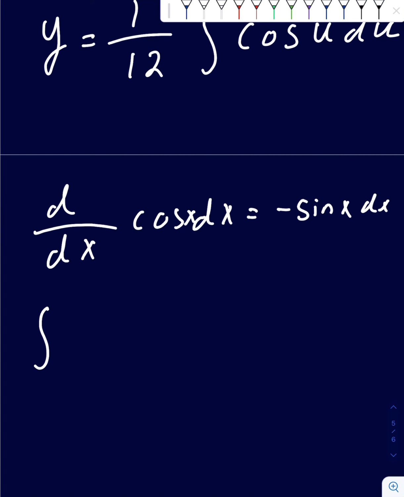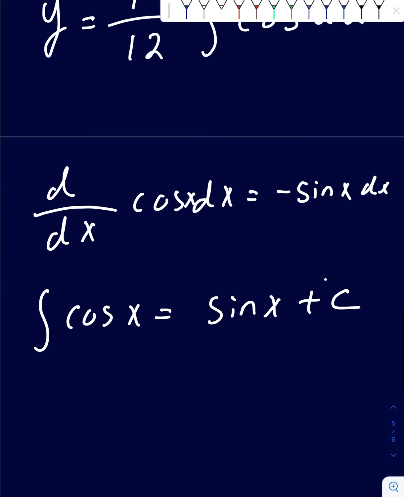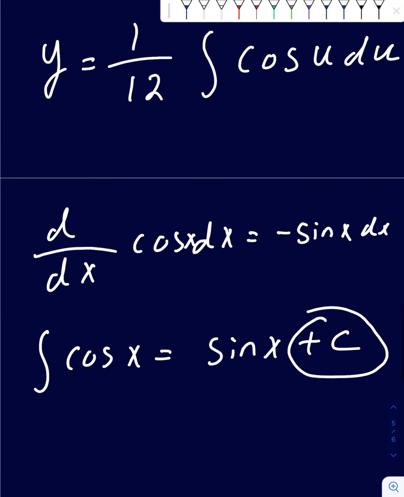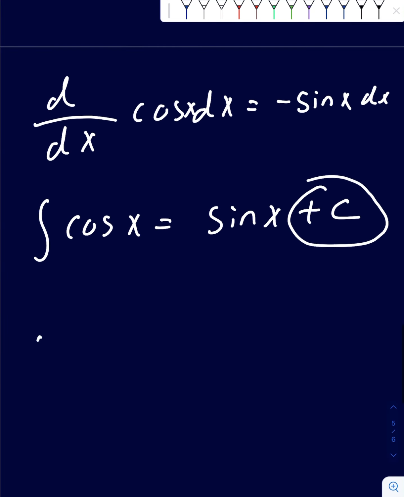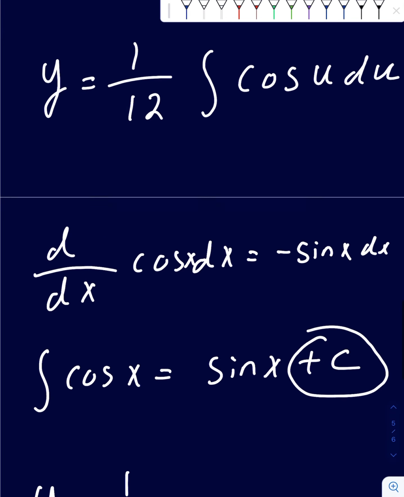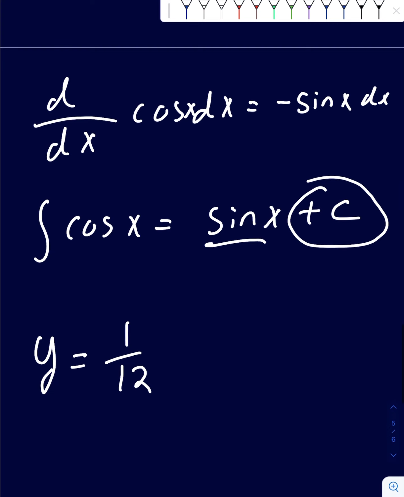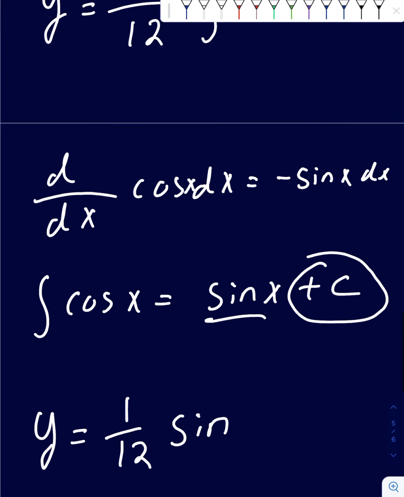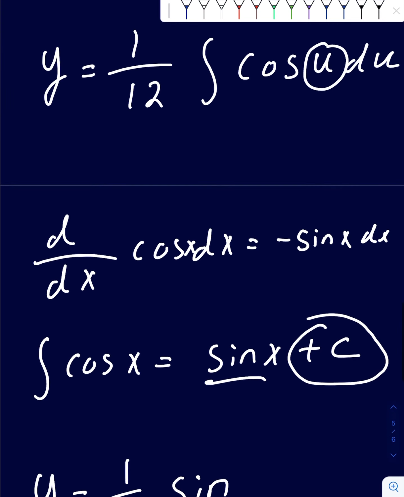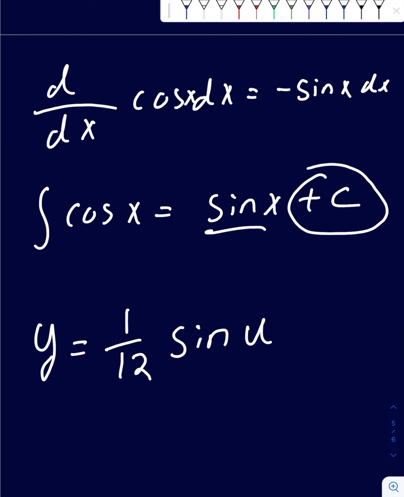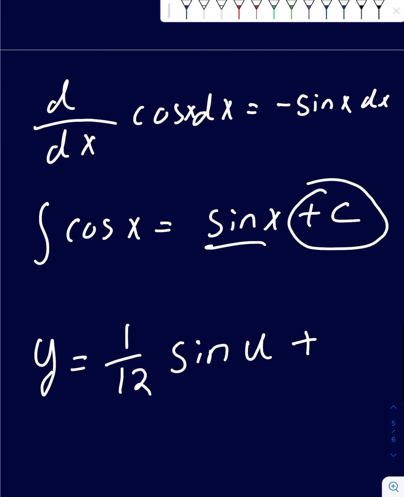The integral of cosine x is equal to sine x plus c. Always remember the plus c. So y is equal to 1 over 12. What's the integral of cosine? We have it here, sine, but we're not dealing with x yet, we're dealing with u. So sine of u plus c.